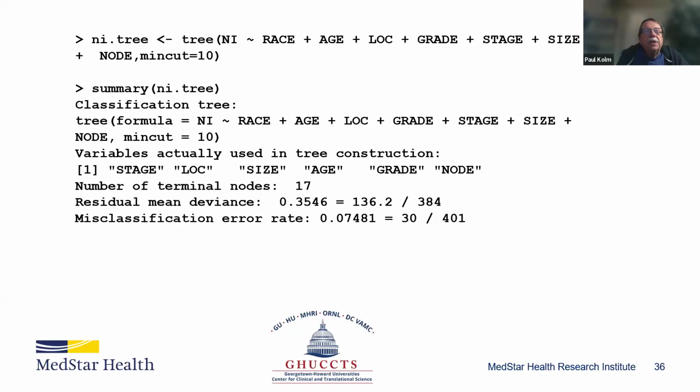And we end up with 17 terminal nodes. The statistics we want to look at here are residual mean deviance, 0.35 in this case, and our misclassification error rate is about 7.5%. Those are the best statistics we can get for the error involved in this model.